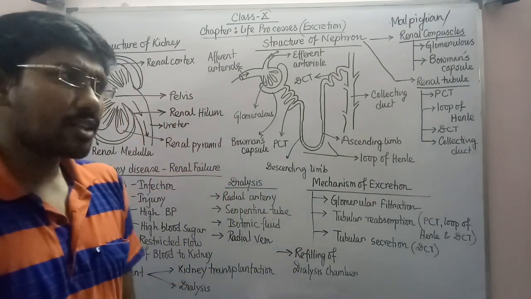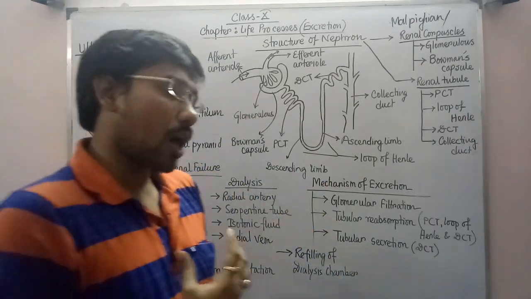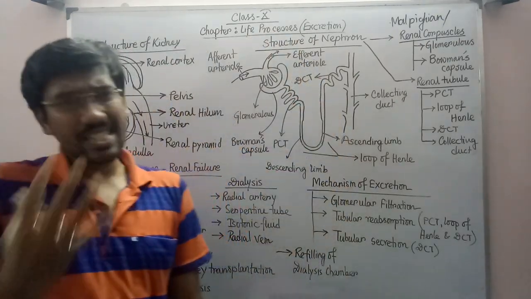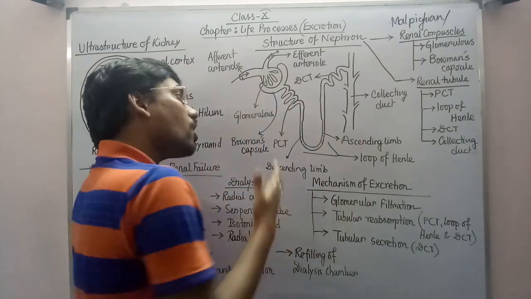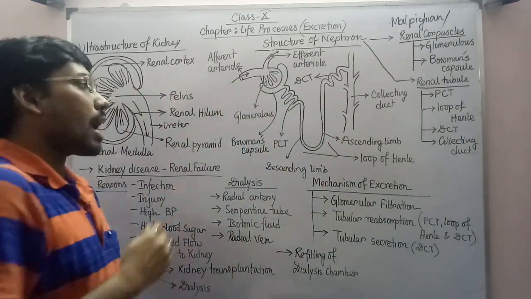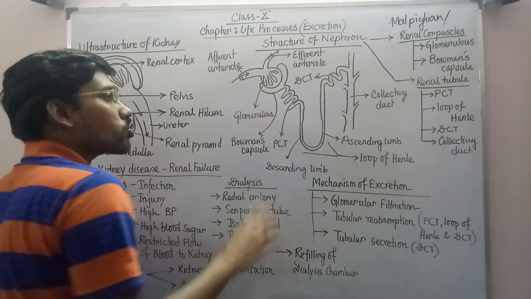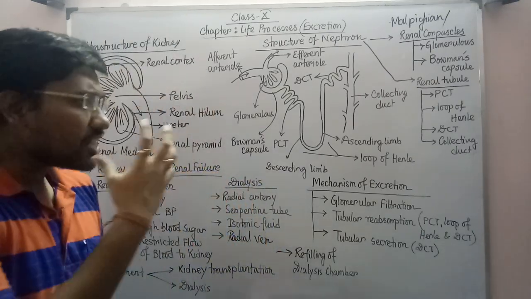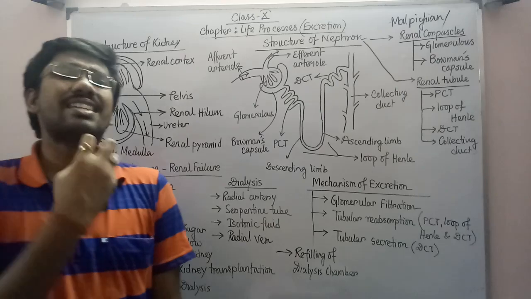That means not all, but of the essential substances that have come from the Bowman's capsule to the PCT, the maximum percentage is absorbed from the PCT back into the blood. One more thing I want to say here, keep it in your mind, this entire renal tubular portion is always wrapped by a network of blood vessels, so that from any portion of the renal tubule, any substance will be reabsorbed or secreted.